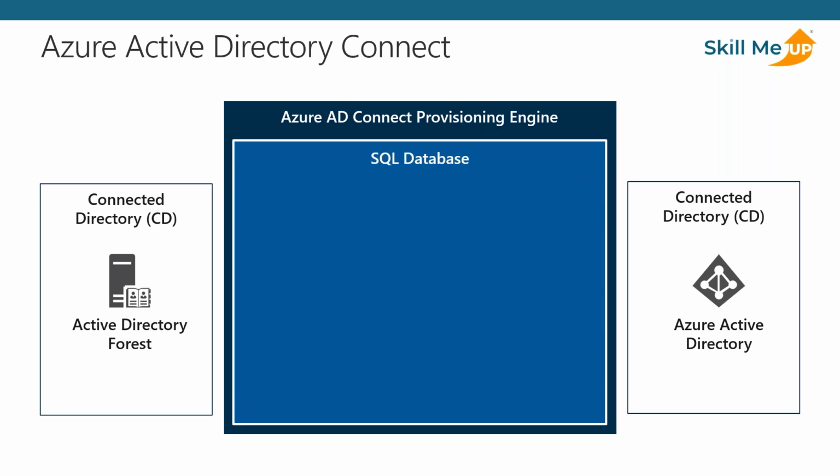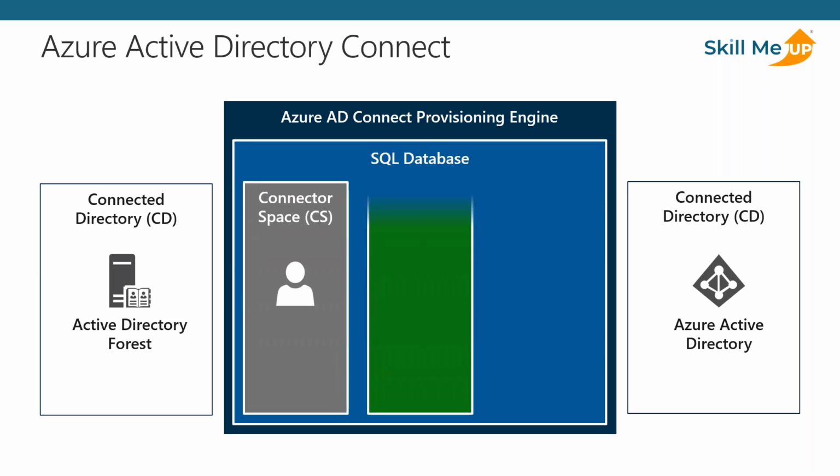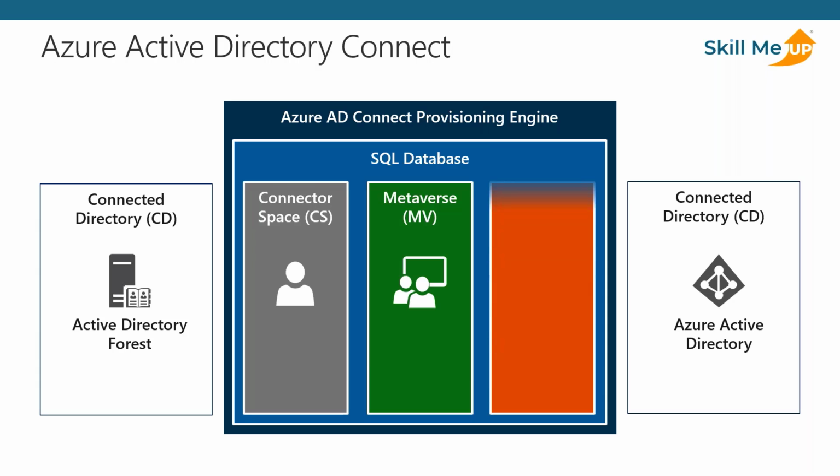Inside of this, there is a SQL database, and we've broken it down into three core blocks. One is called a connector space, then there's what's called the metaverse, and then there's a second connector space. So this is how Azure AD Connect actually works. We connect from the one side, and this will do an import of the accounts or security groups into the connector space.